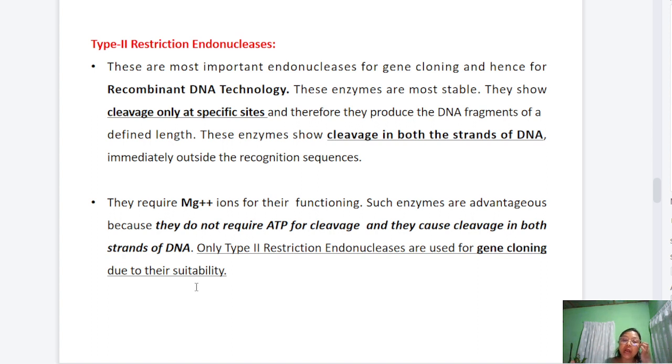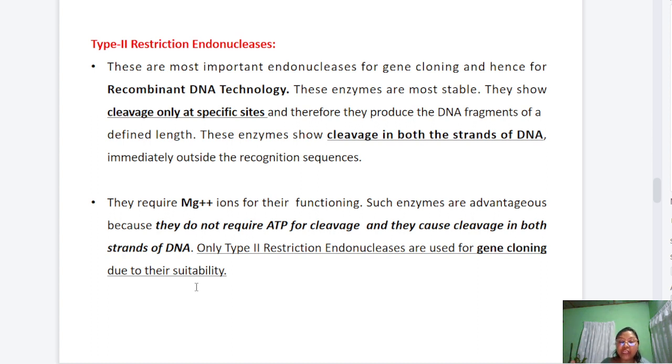So these enzymes are the most stable of type 1, type 2, type 3. The type 2 are the most stable ones. They show cleavage only at a specific site. Once these restriction endonucleases have identified the recognition site, they are going to cut exactly at that point. Therefore, they produce DNA fragments of a defined length.